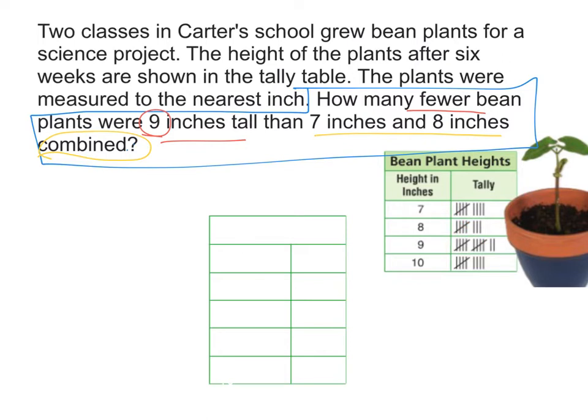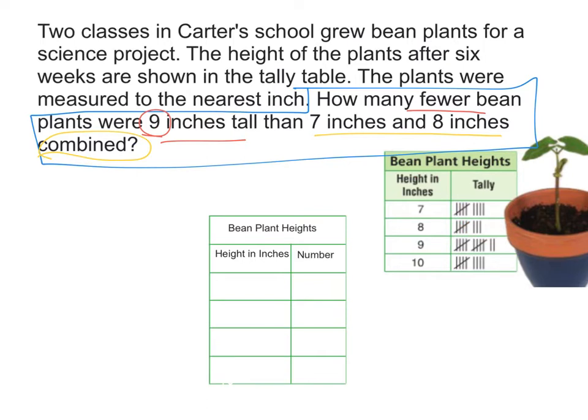So if we fill out the frequency table, we know that the title is bean plant heights. And we took that right off of the tally table. We need to fill in the columns as well.